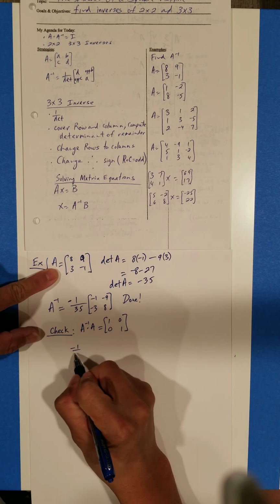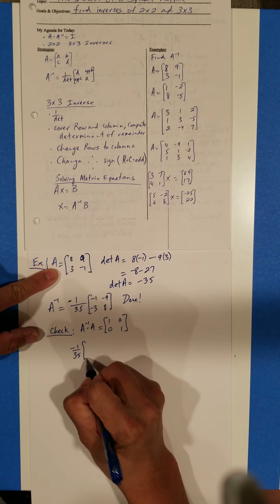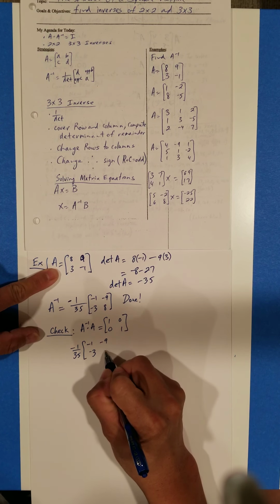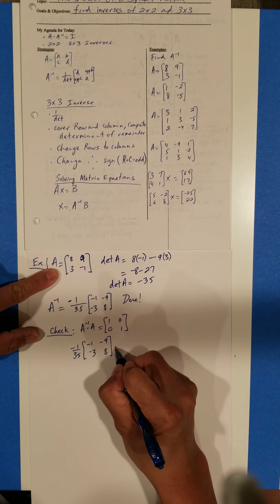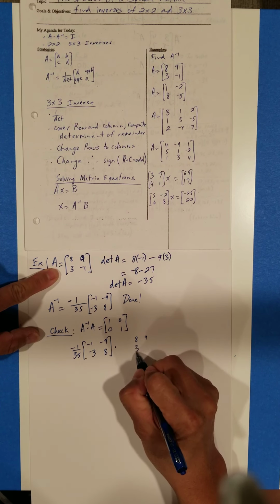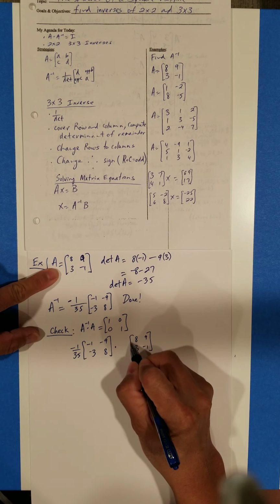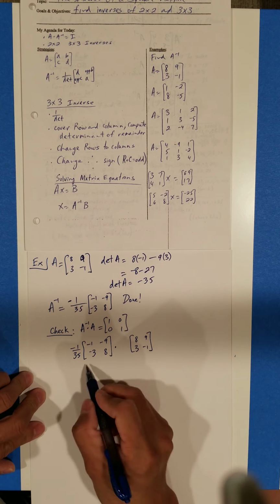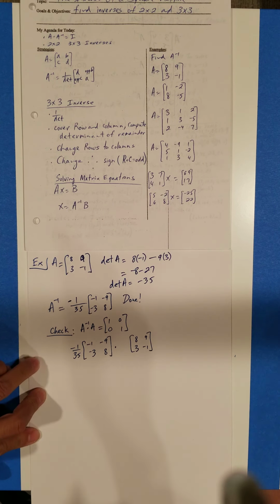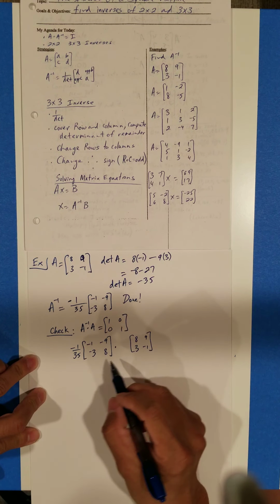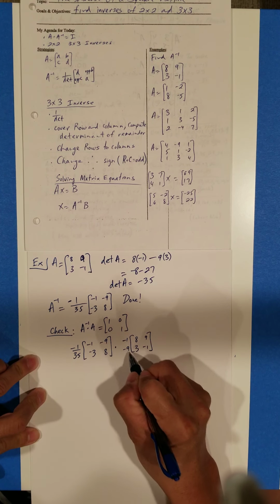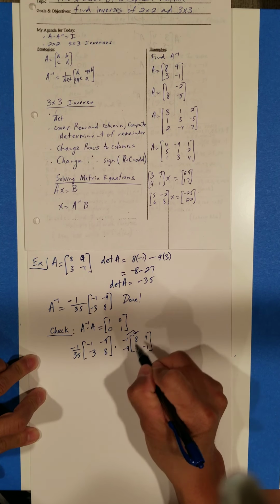So -1 over 35, I'm going to check now, just to be safe. So -1, -9, -3, and 8. I'm going to multiply it with the original, 8, 9, 3, -1. Now, if you remember back in the earlier section, to multiply matrices, you take the first row, -1 and -9, you stand it up, multiply like this.